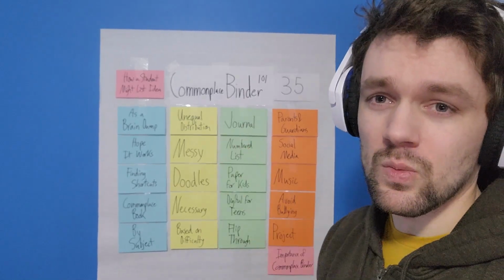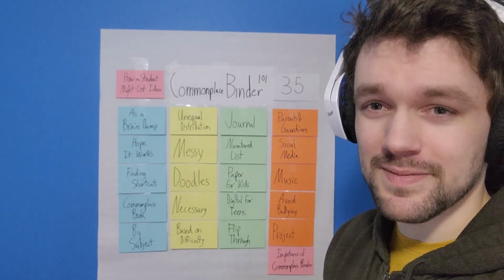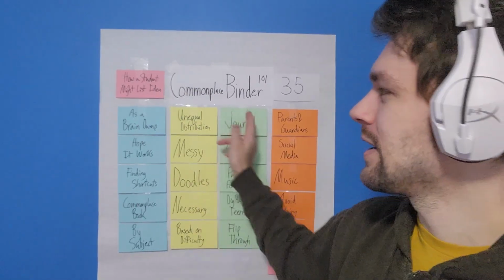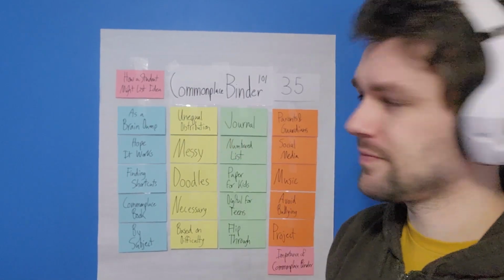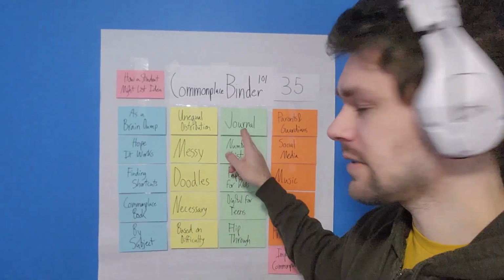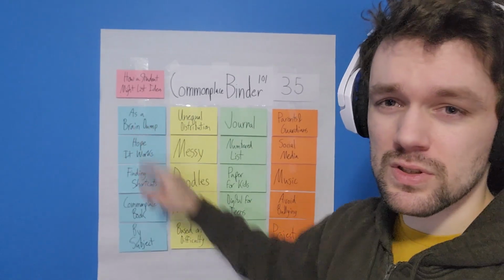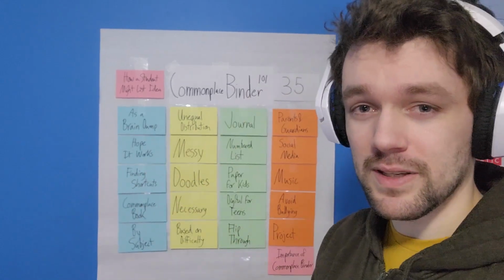Journal. Why would these be connected? How a student might list ideas in their journal? Maybe. But probably just do a brain dump for that. You could call that a journal. You could switch these words. Basically, you're just taking everything out of your head, all over the page.